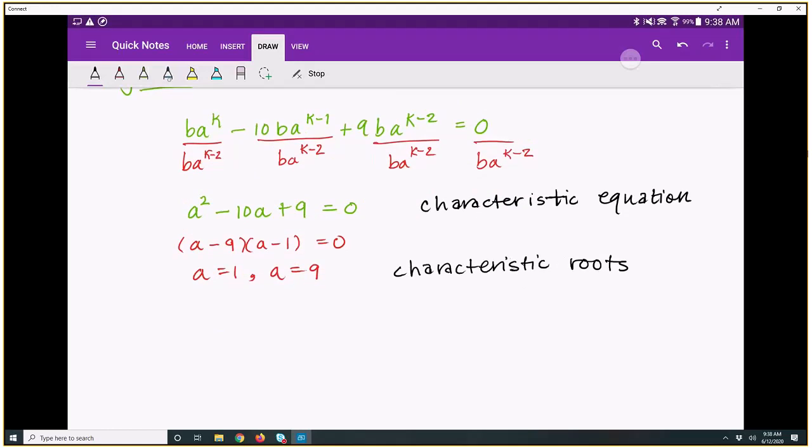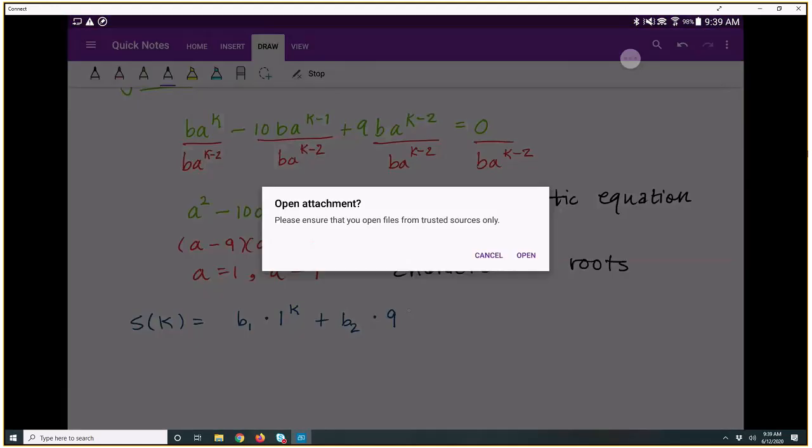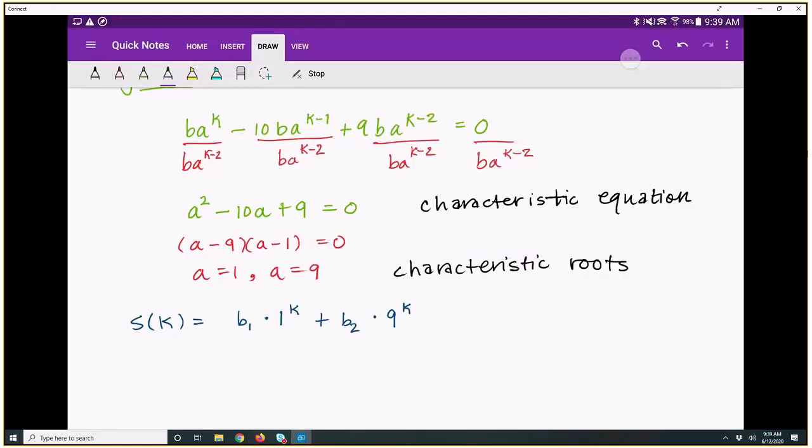So we'll take these and say that our solution to the recurrence relation must be some constant b sub 1 times 1 to the power k plus some other constant b sub 2 times 9 to the power k. I'm using 1 and 9 because these were the characteristic roots.